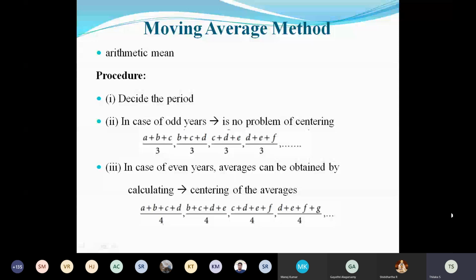In our example we have 4 years, so the middle year will be the third year, that is C. The first 5 years average is taken, and that should be written in the middle, on the third year. So this is what we have to calculate in the moving average method.